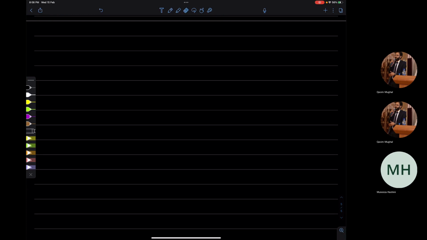Okay, so we have already seen the process of factorizing different expressions. For example, if I have x squared minus 2x minus, let's just say, 24.